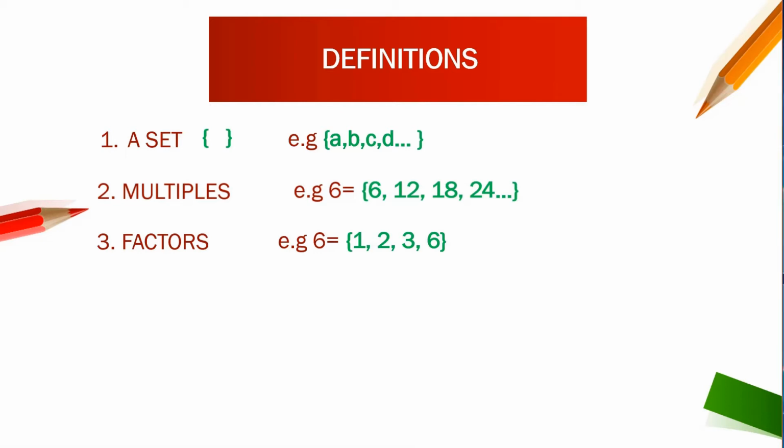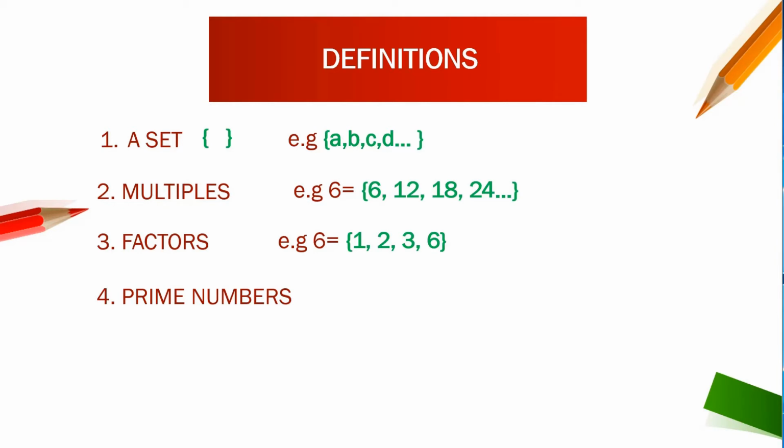Our fourth definition is prime numbers. Prime numbers are numbers that have exactly 2 factors. So we just spoke about factors, right? These numbers have exactly 2 factors, and those 2 factors are itself and 1.